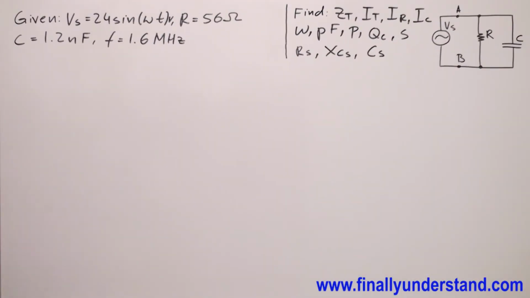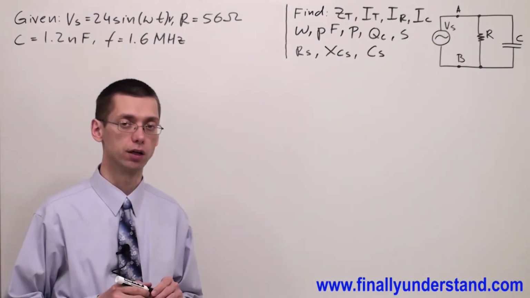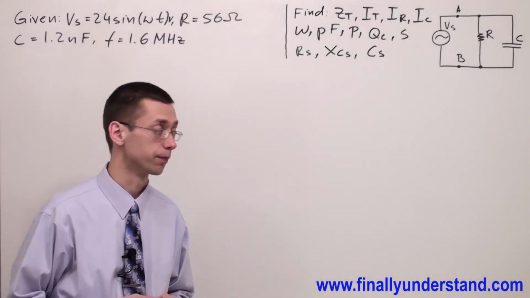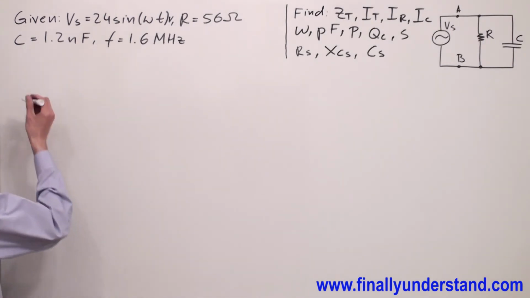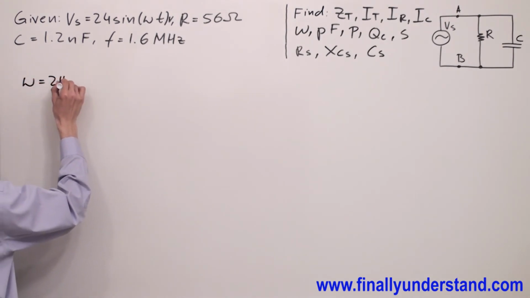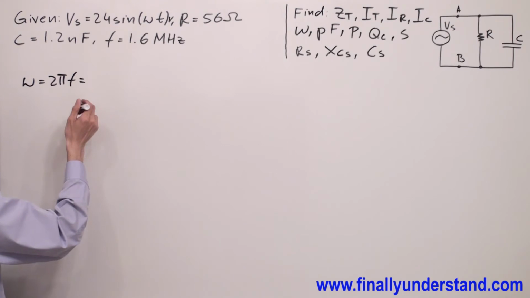Next we're supposed to find the angular velocity, in other words omega or radian frequency. So write the formula first. Omega is equal to 2 pi f, 2 pi times frequency.